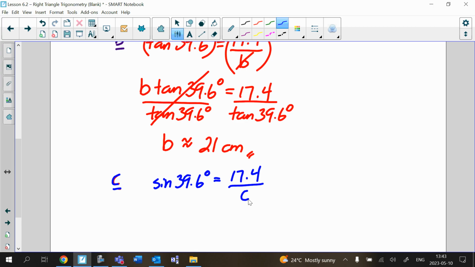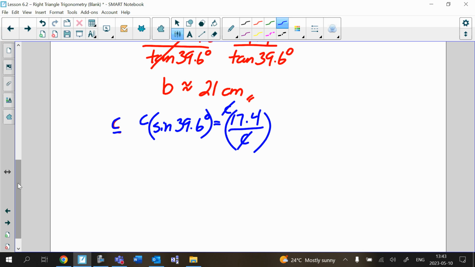Times both by C. And I get C times sine 39.6 degrees equals 17.4. Divide both sides by sine 39.6 to get C by itself.